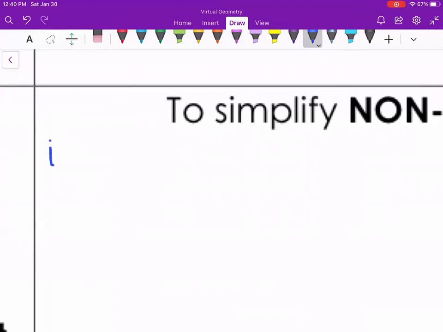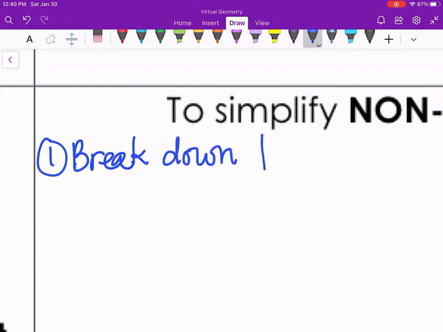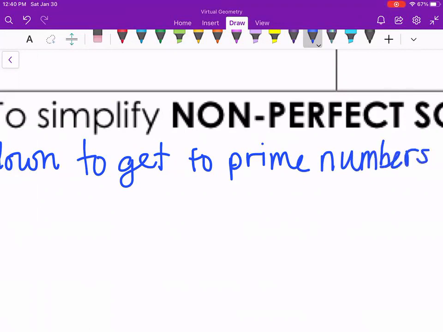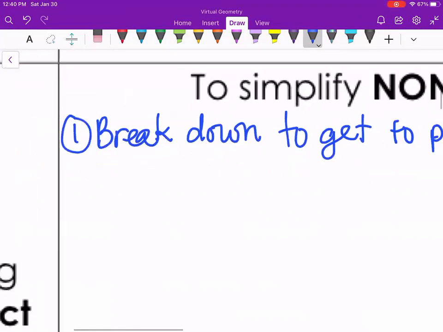So first off, break down the number to get to prime numbers. Okay, so we're still going to do that.